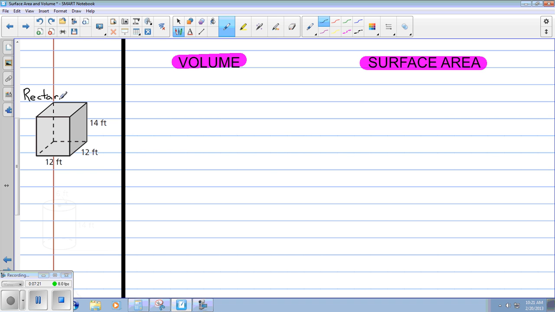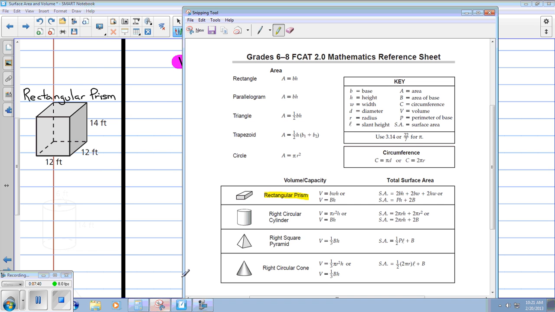Sometimes the Mobi does not like to cooperate with me. Okay. And we can see that looking at our reference sheet, we need the volume formula. So V equals BWH. Let's write that down.